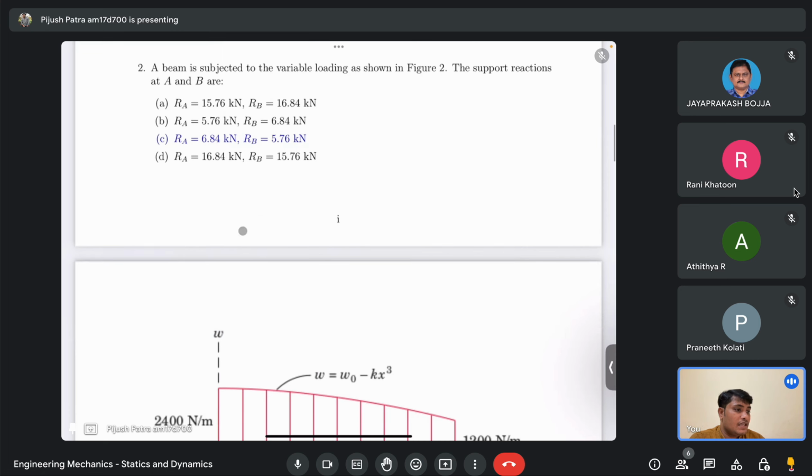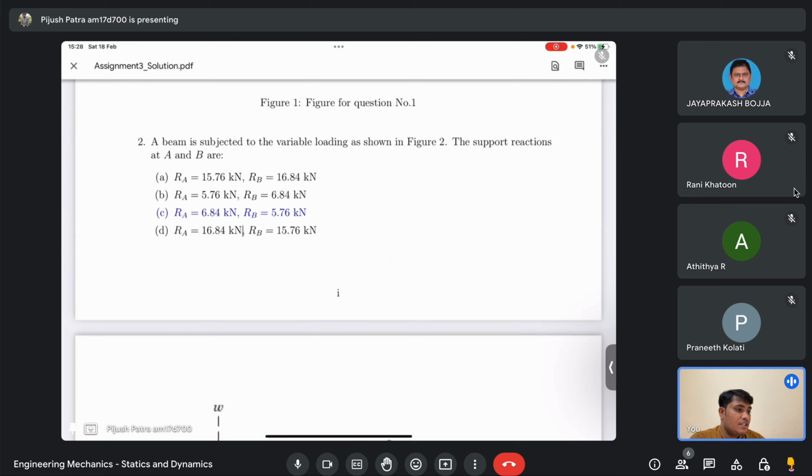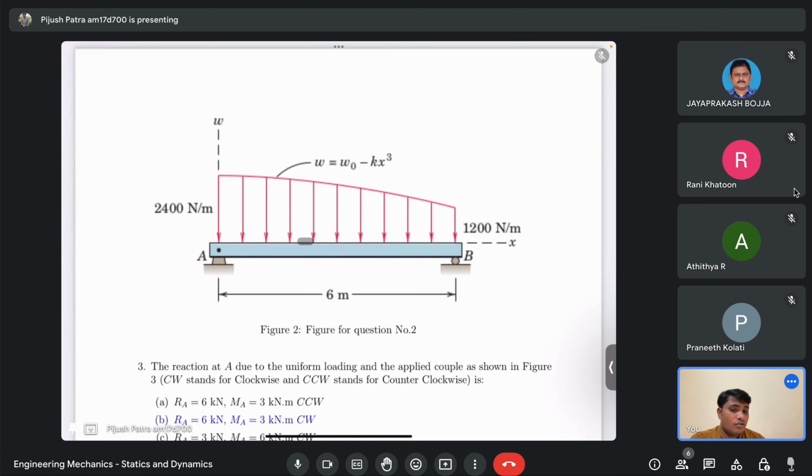So it's saying that a beam is subjected to the variable loading as shown in figure 2, find the support reactions at A and B. It's a very simple problem. Are all of you able to see the figure? Yes, sir.